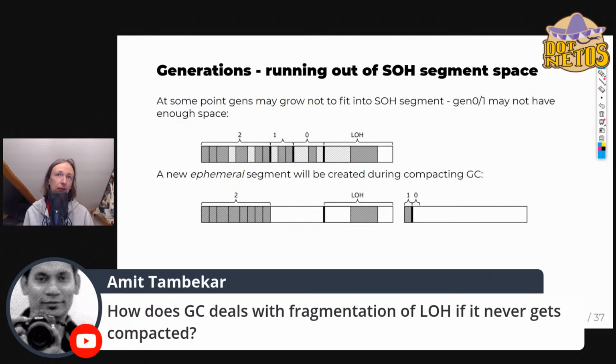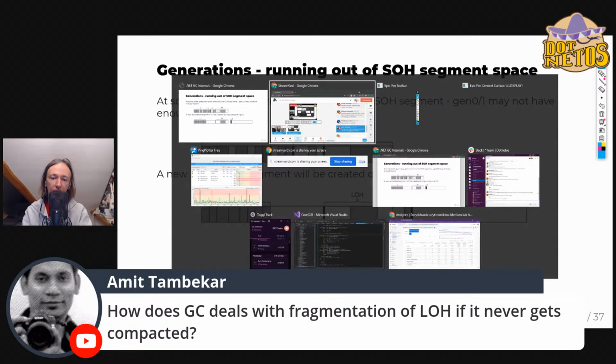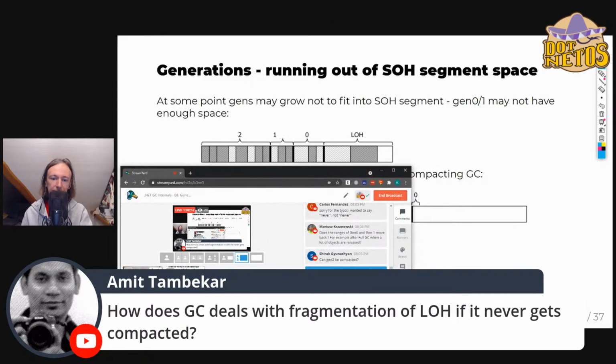For the very first time, the large object heap will be compacted automatically in these scenarios. So yes, sometimes it will. Now we'll try to handle this simply by compacting large object heap, but not in every scenario. So you should be really aware of that problem.